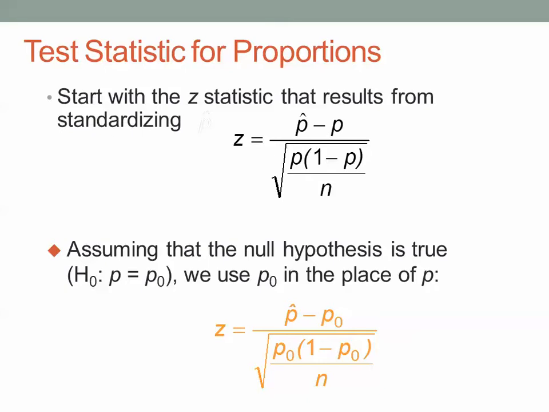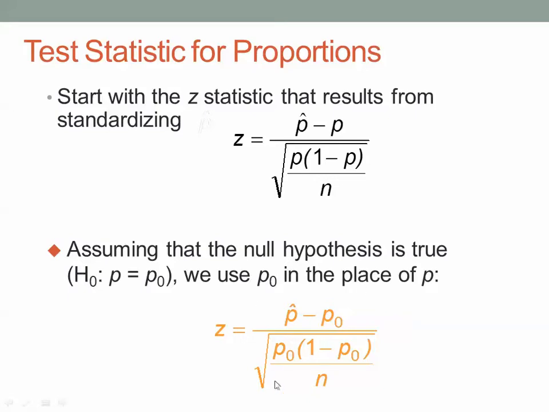So remember, there's a z-statistic that results from standardizing the population proportion: P hat minus P over the square root of P times 1 minus P over N. If we assume that P is equal to P sub 0, we can put P sub 0 in the place of P. In effect, this means we have gathered data, and from the data we've gotten a P hat.